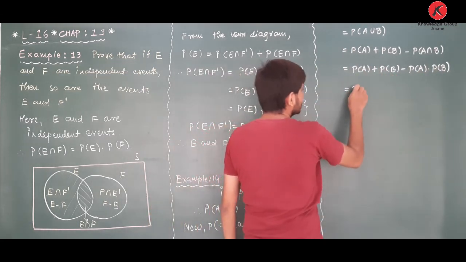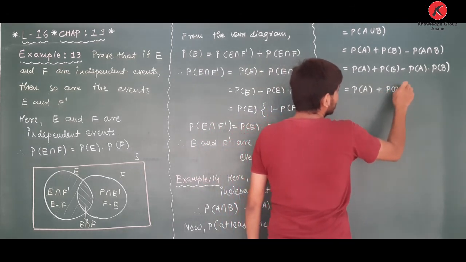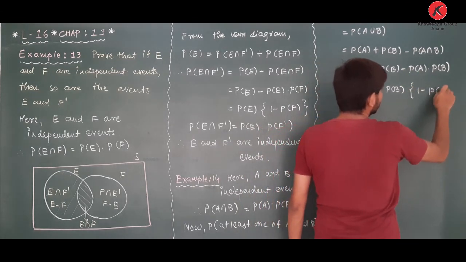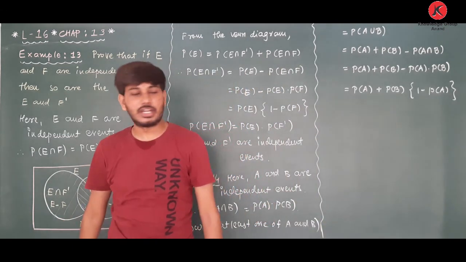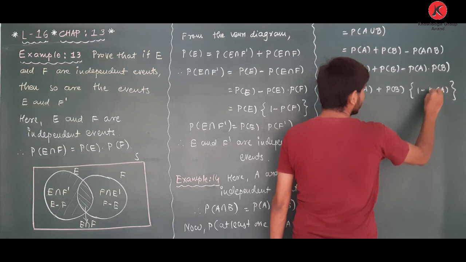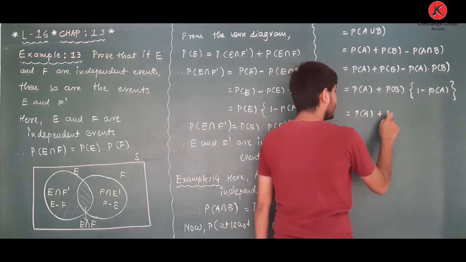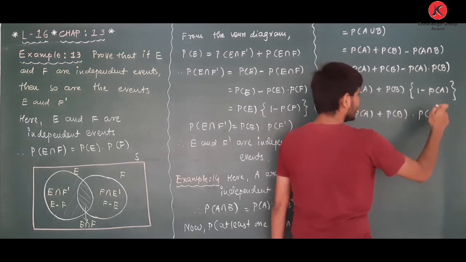We get probability of A plus probability of B times 1 minus probability of A. And we know that 1 minus P of A equals probability of A dash. Therefore, we get probability of A plus probability of B into probability of A dash.